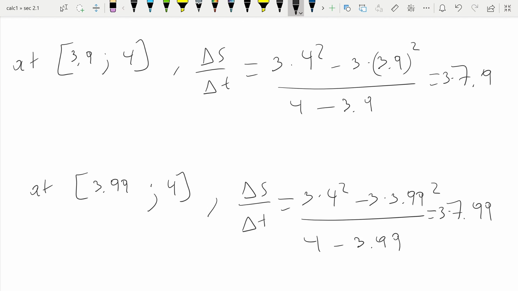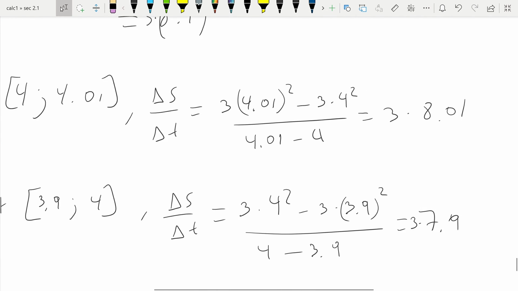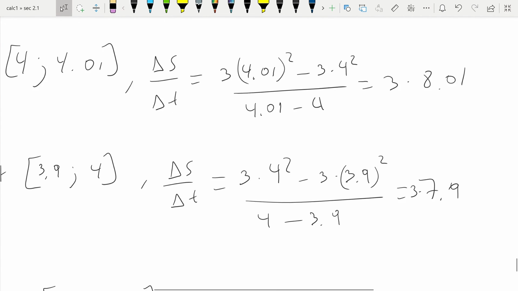So we see here that there's a clear trend. Things are getting closer and closer to 3 times 8.